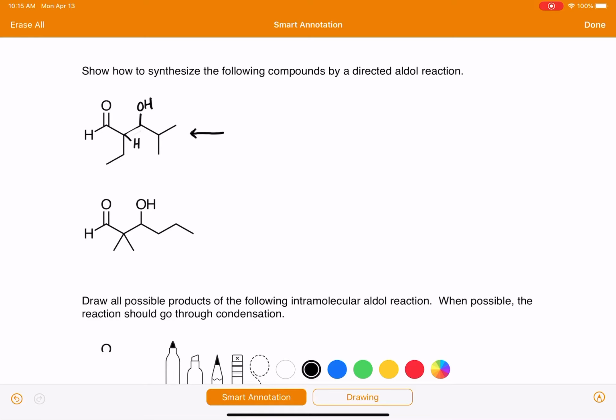And then what I want to do next is I'm just backing up. Prior to us having this aldol, we had an O- right here. So that was the second to the last step. And prior to that, prior to having that O-, we actually had a carbon-oxygen double bond right there.